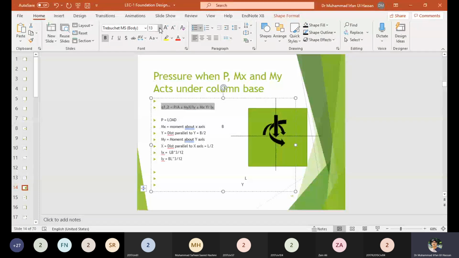मैंने इसमें plus minus लिखा है, but you must know that whether it is a plus or minus, which sign will be used. So it depends that कौन सा point है.